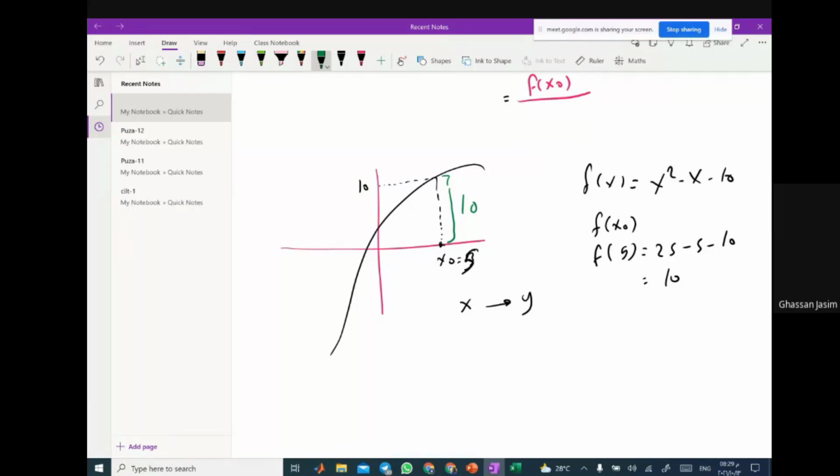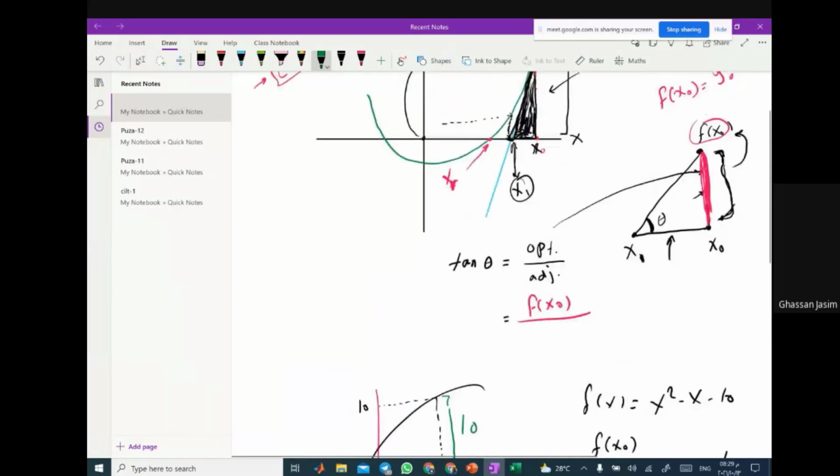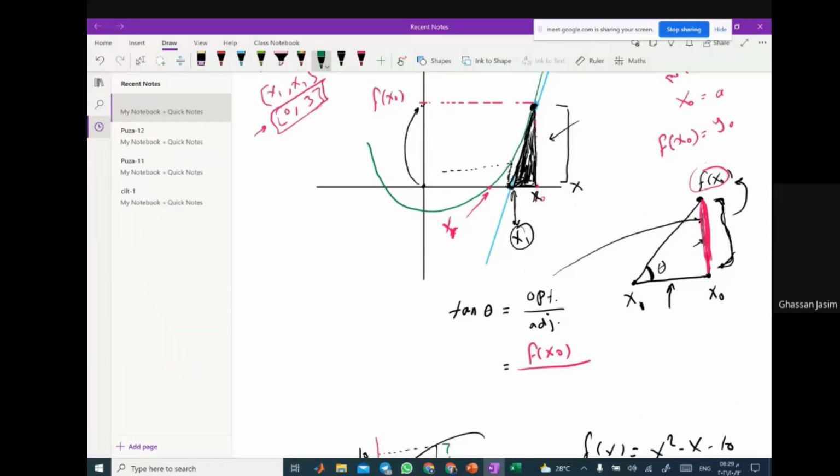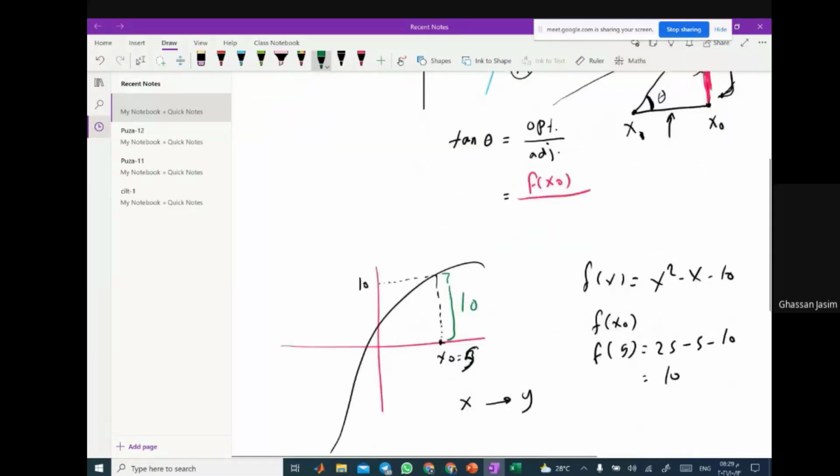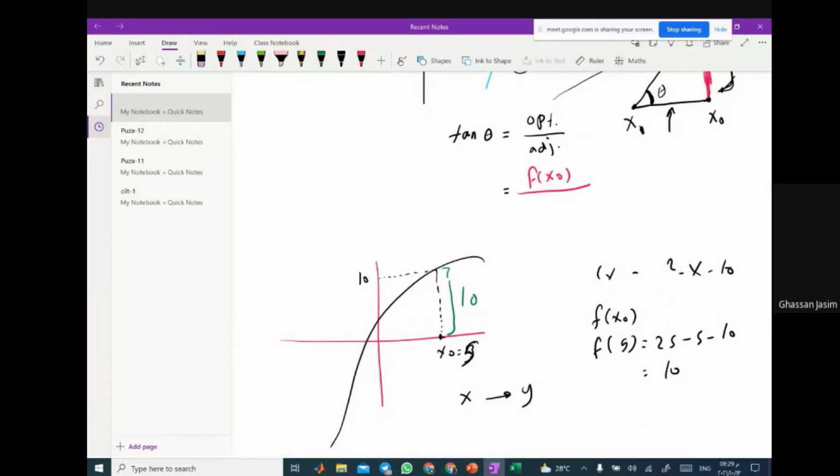Students, is it clear? Then this line of this triangle is equal to f of x naught. Let's delete this, let's cut. Okay.